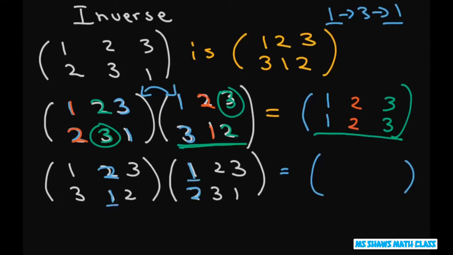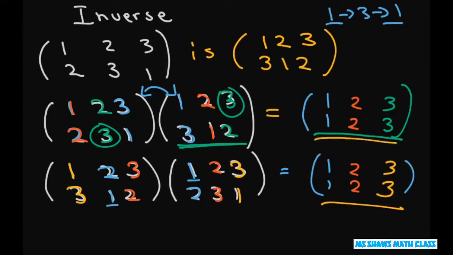So we're using the last two. All right. 2 maps to 3, but 3 maps back to 2. And then finally we have 3 maps to 1, and 1 maps back to 3. So that's 3 to 3. So these are the identity permutations, or identity mappings.